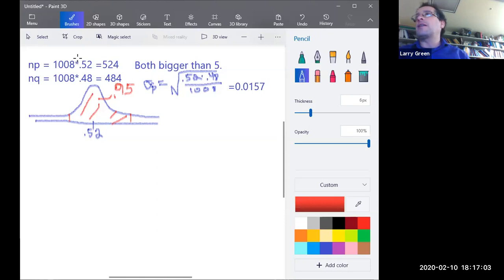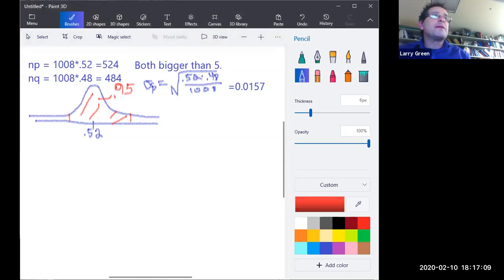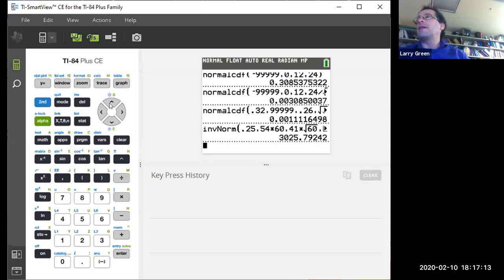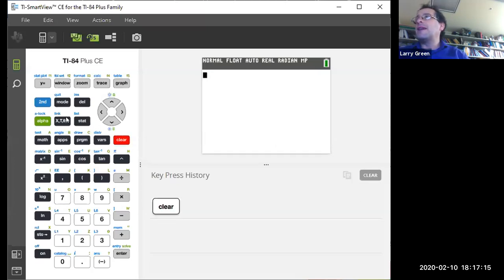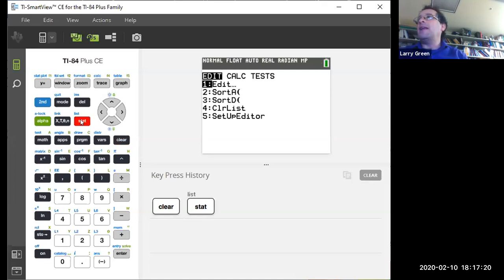I'm going to go to the calculator because now it's a bit newer. Okay, so here's the calculator. Let's clear whatever I had last time. And what I'm going to do is I'm going to go to stat. Then I'm going to go to tests.